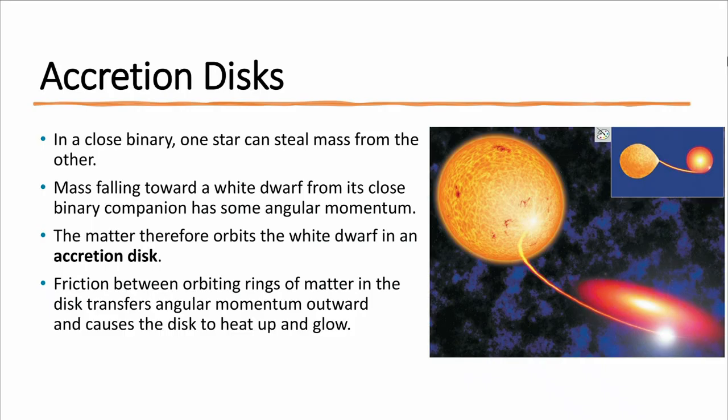Any accretion disk around a compact object is going to heat up and start emitting its own radiation. And so you can detect these accretion disks, especially for bigger things like black holes that we'll talk about next time. So this is one way to observe an object that's very small that you might not be able to see directly, but you can see the accretion disk around it.